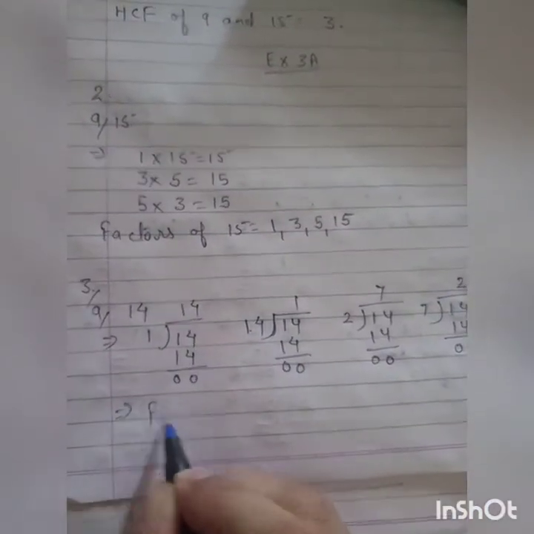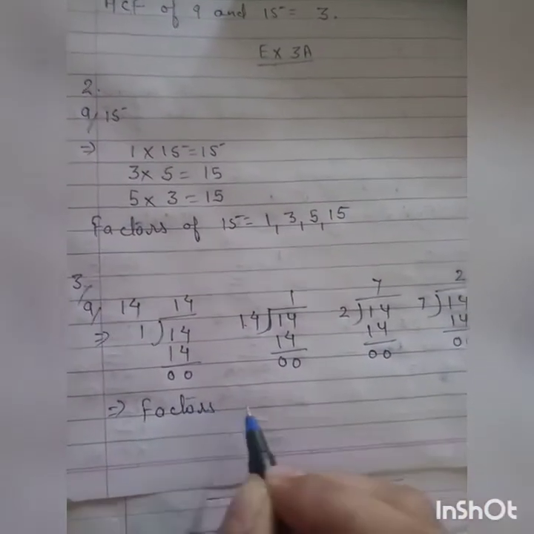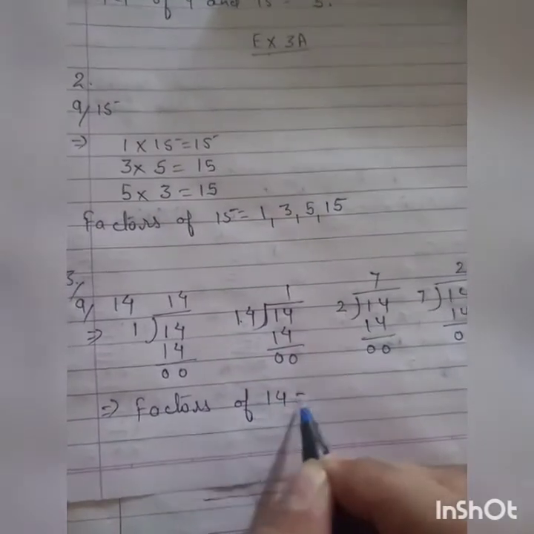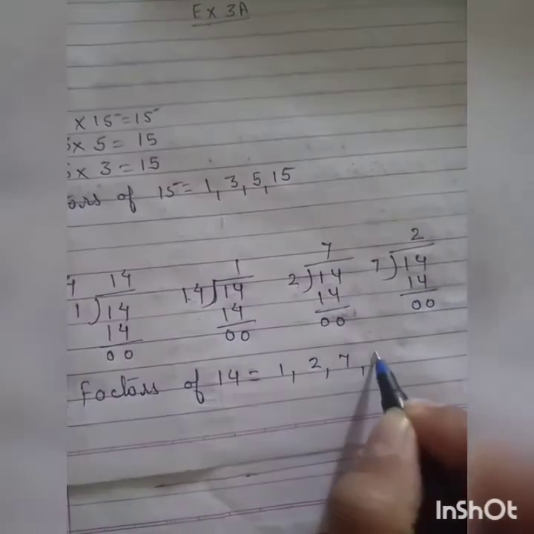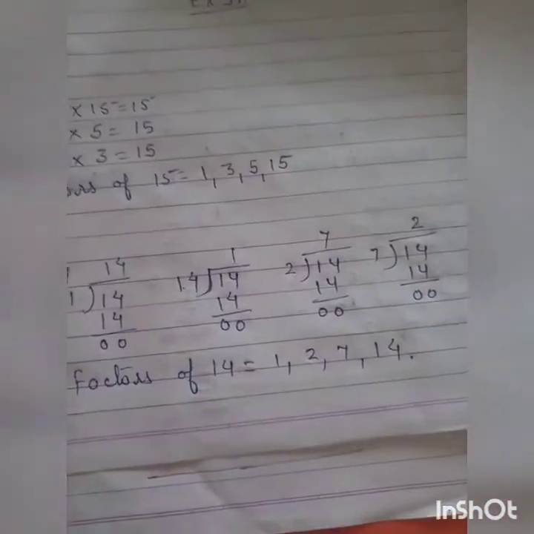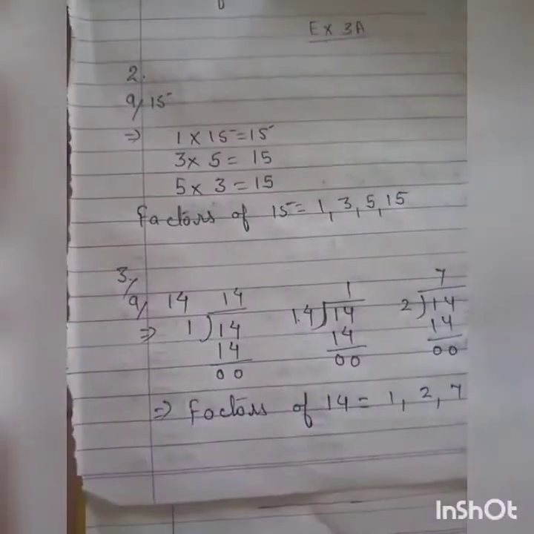So we can write here factors of 14 is equal to 1, 2, 7 and 14. Now again B, C and D, these three you have to do on your own. And then after solving in your notebook, share the pic on my personal window.